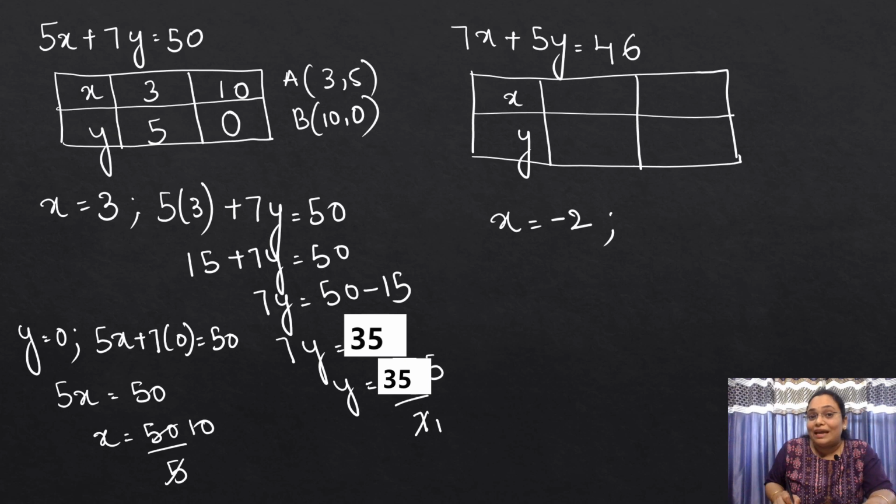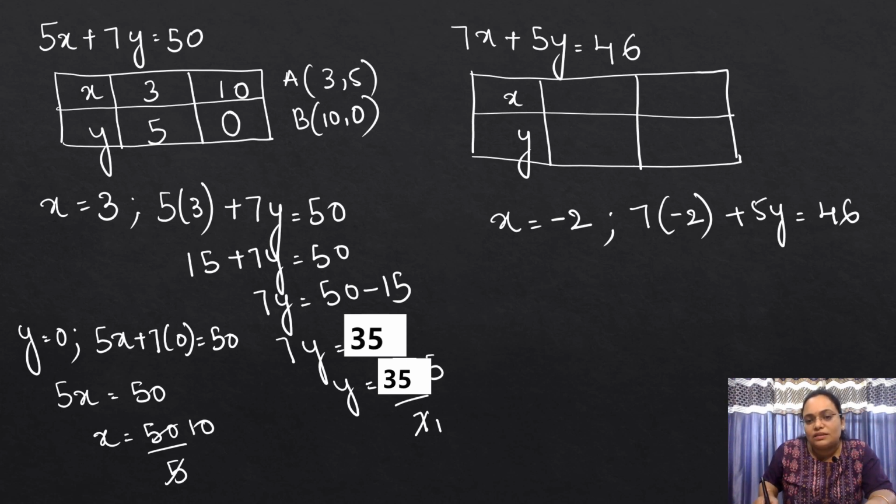So if you take x is equal to minus 2 here, this will be 7 of minus 2 plus 5y is equal to 46. This is minus 14 plus 5y is equal to 46.